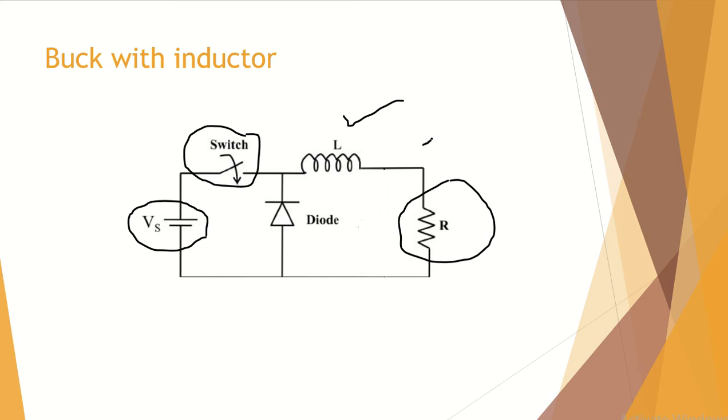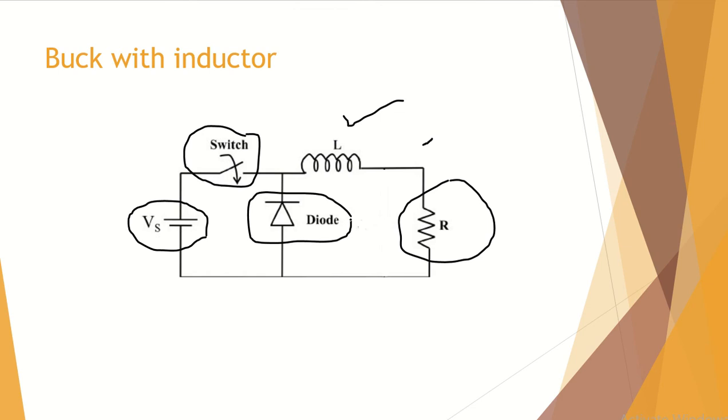First we close the switch, the inductor is charging, and when we open the switch again, due to the inductor's current momentum, we may have a spark at the switch. And what will be the value of that spark? L di by dt. Okay, to avoid that spark, what we have done, we have added a freewheeling diode over here.